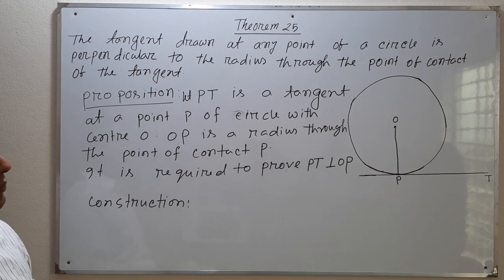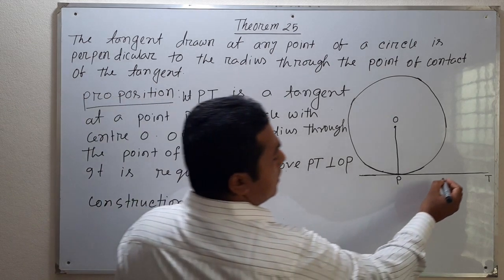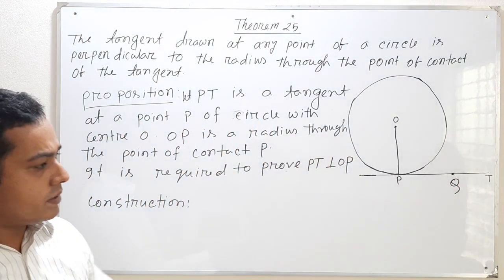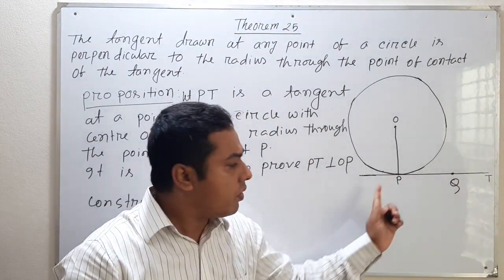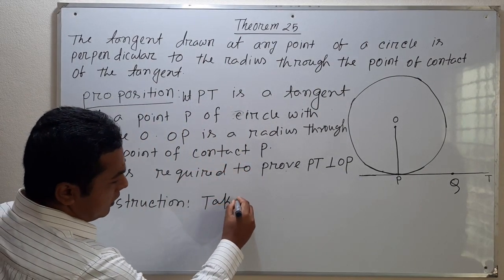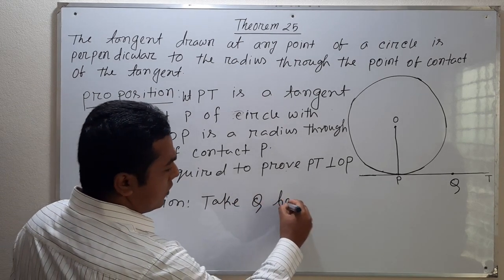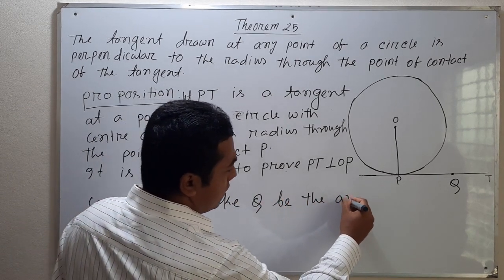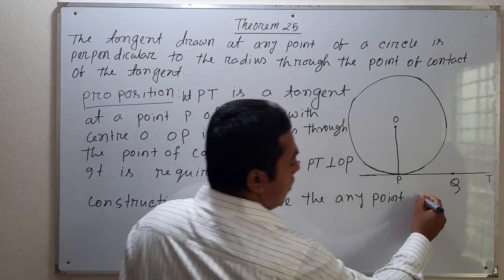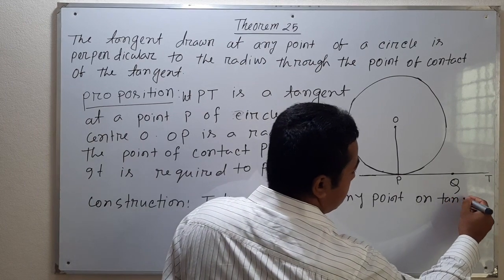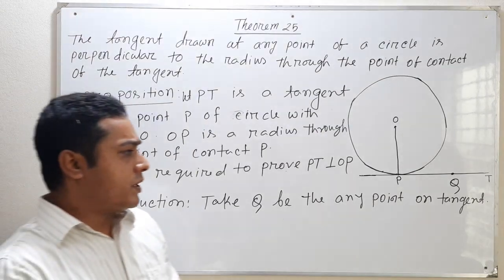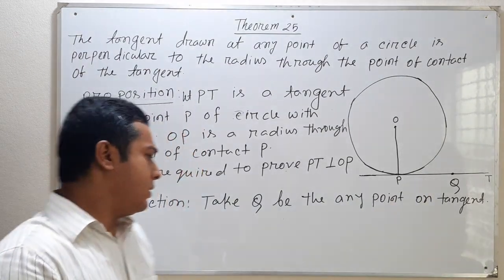Okay, construction. Take Q as any point on the tangent. Just we have taken Q as any point on the tangent.